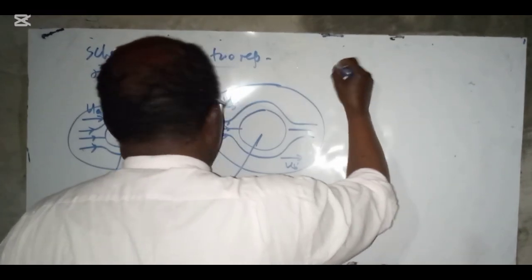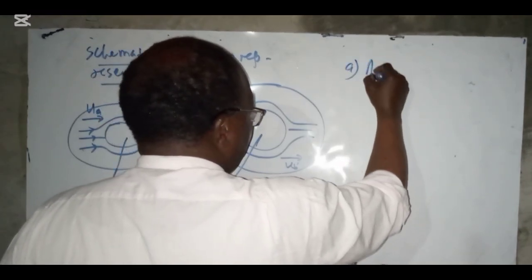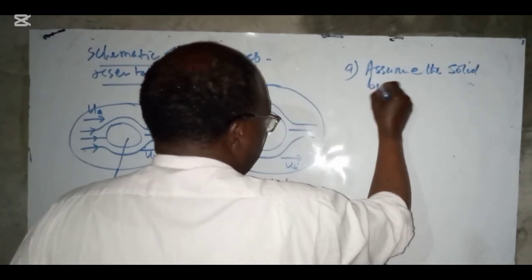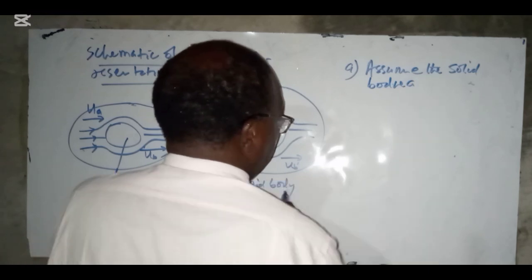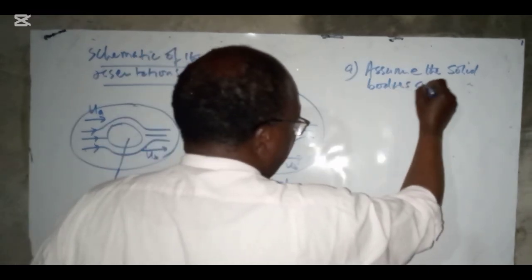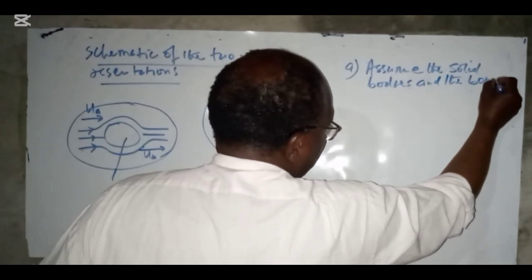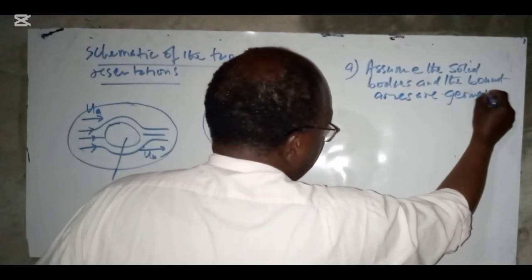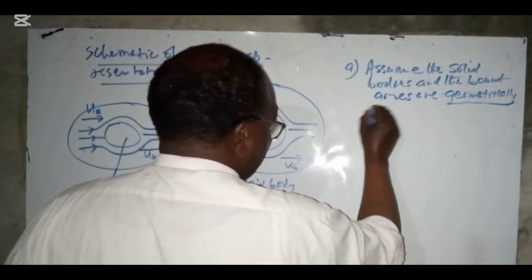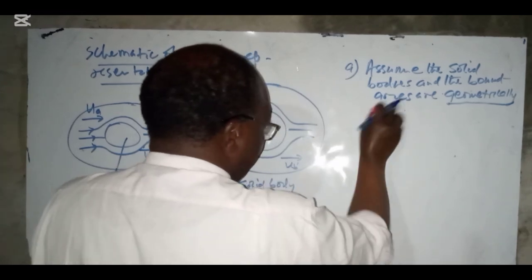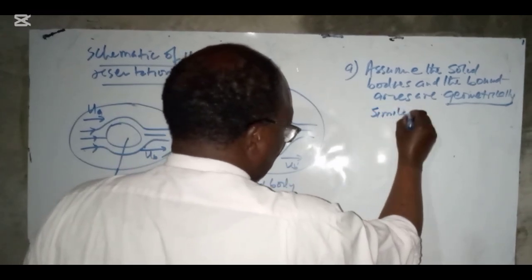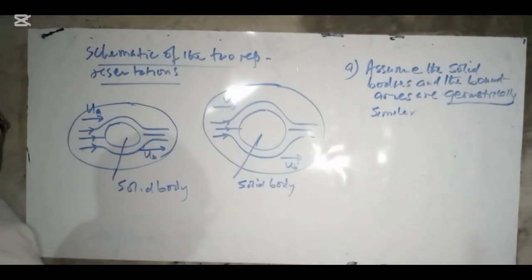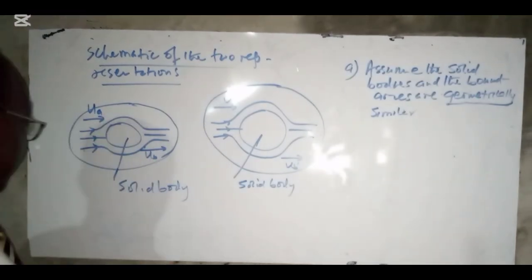So A, we assume the solid bodies and the boundaries are geometrically similar.